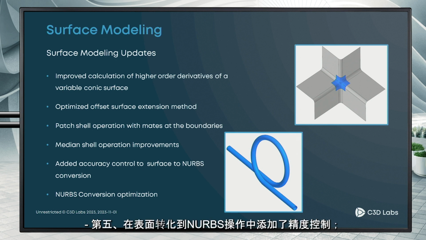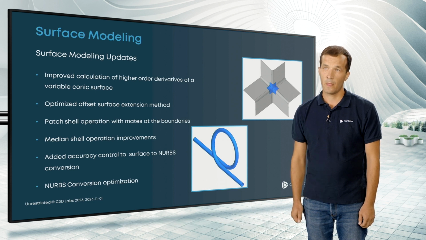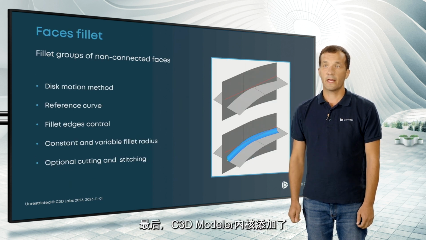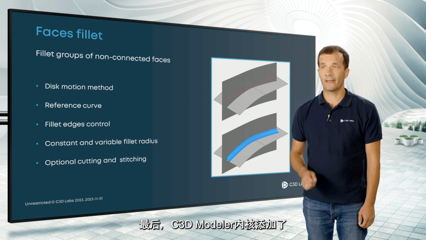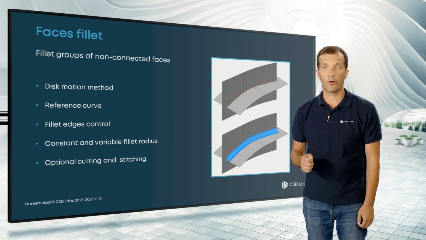Also, accuracy control of the surface-to-NURBS conversion operation has been added. We have significantly optimized the NURBS surface conversion operation itself. Finally, a completely new operation of fillets of groups of unconnected faces has appeared in the C3D Modeler kernel.